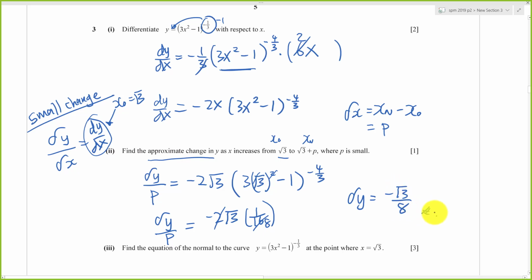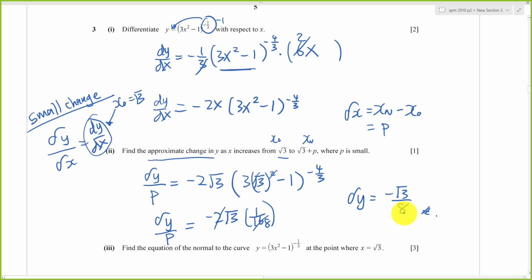Okay. Yeah, should be 1/16, right? If I didn't remember wrongly. Yeah, 8 to the power of -4/3. Yeah, 1/16.